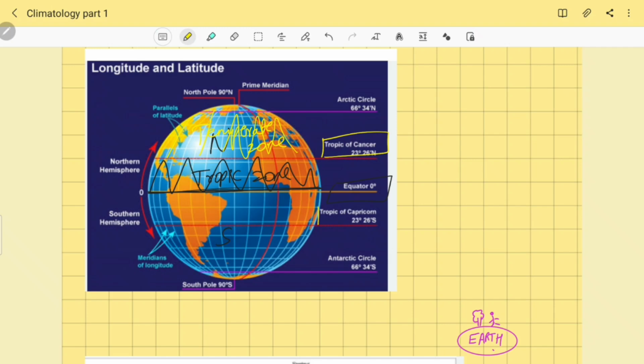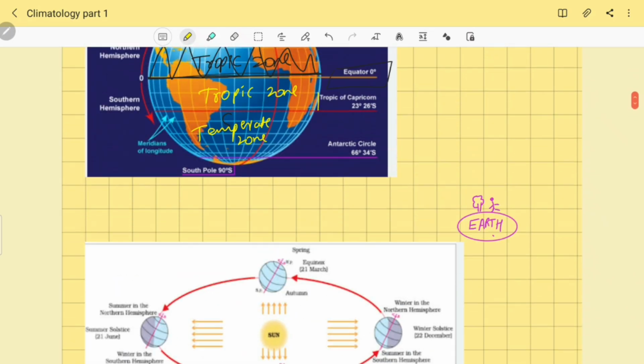Why I'm telling you this is because when we start the main topics next, we'll be able to see these things like tropical zone, temperate zone. So that's the reason I'm telling you this prior. Okay, now the same thing goes in the southern hemisphere. This is a tropic zone, and then this is a temperate zone.